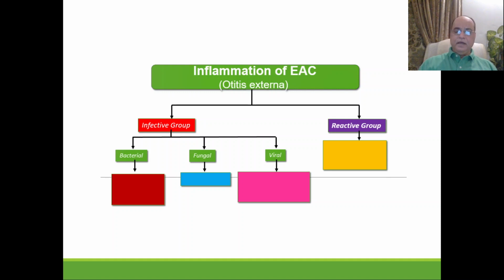If bacteria are causing the otitis externa, it can be localized otitis externa, diffuse otitis externa, or malignant otitis externa. All these are bacterial otitis externa. If the causative agent is some fungus, then we call it otomycosis.